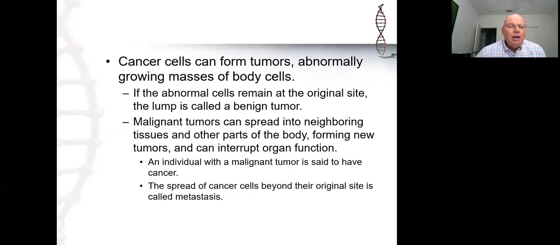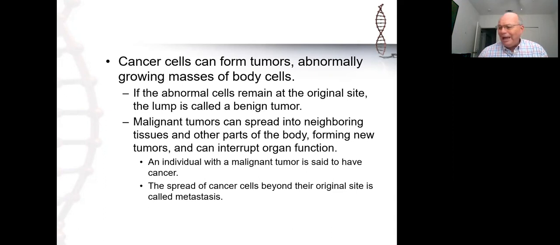And you can generally live for an extended period of time with a benign tumor. The problem becomes that most benign tumors do not remain benign indefinitely. They can become malignant. And malignant means that cells from the original tumor break free from that original tumor, migrate to another location in the body, and start growing there.